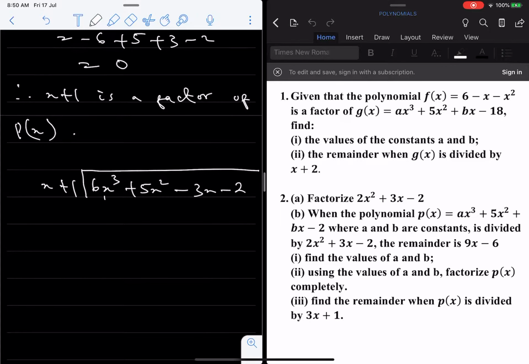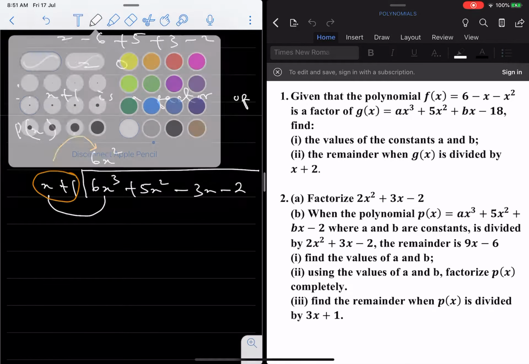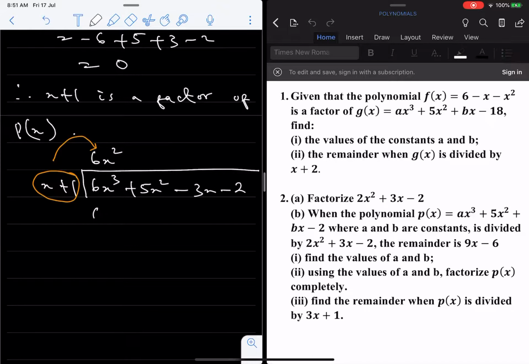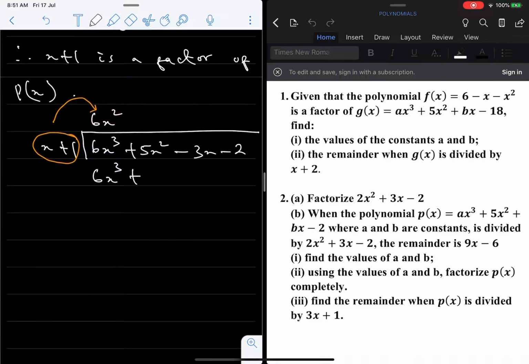So we go 6x cubed divided by x, that's going to be 6x squared. And like we always say, whenever you get an answer, you multiply the whole of the divisor by that answer. So x times 6x squared is 6x cubed. 1 times 6x squared is 6x squared.